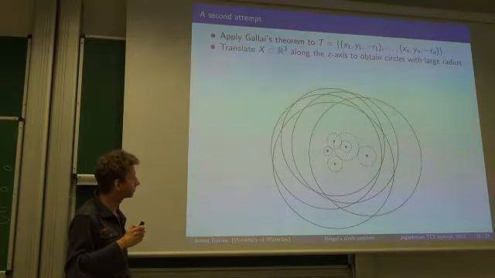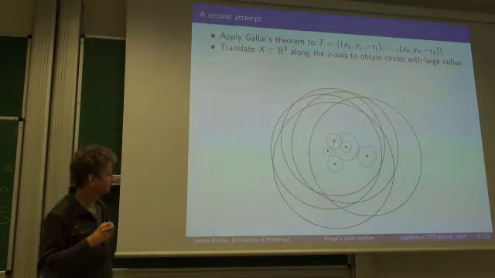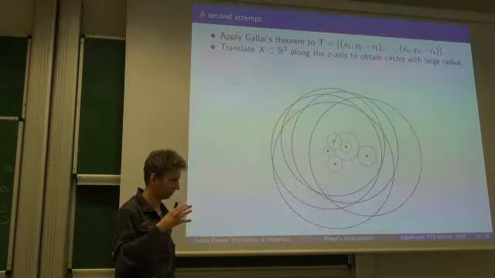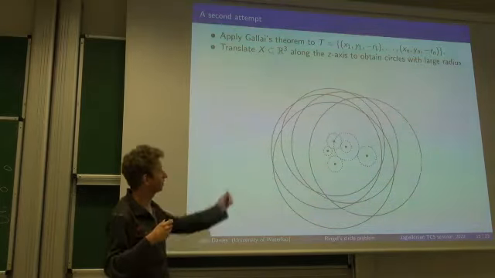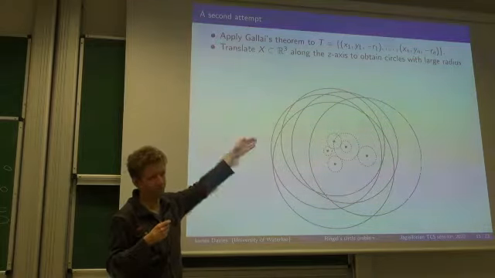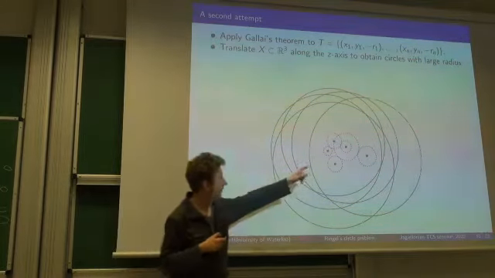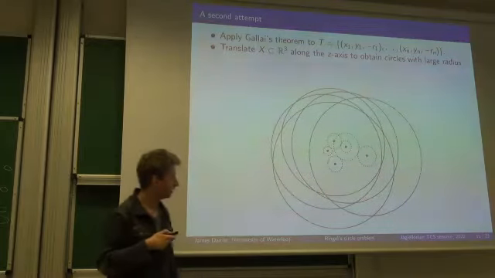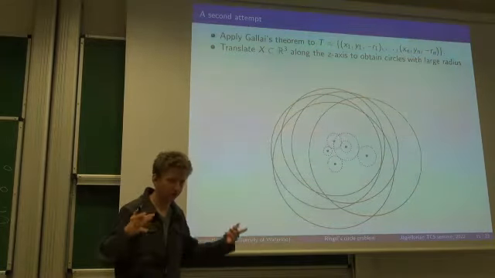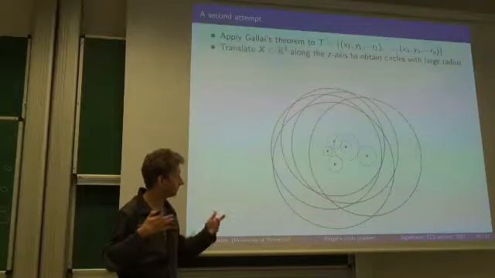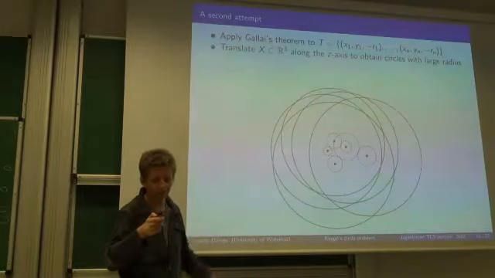If we look at the homothetic copies we would get from our original constellation, if we just had these x, y, r's instead of x, y, minus r's, then they'll look something like this. So this isn't something you can attach onto the circle straight away. We need to move them somehow.